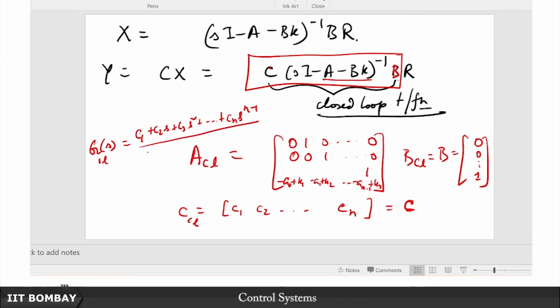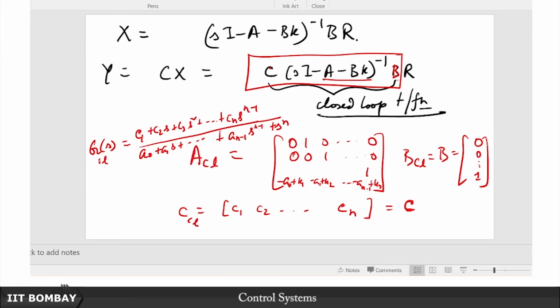divided by A0 plus A1 s plus dot dot dot till A(n-1) s to the power n minus 1 plus s to the power n. You see, the entries of the C matrix are what determine the zeros.